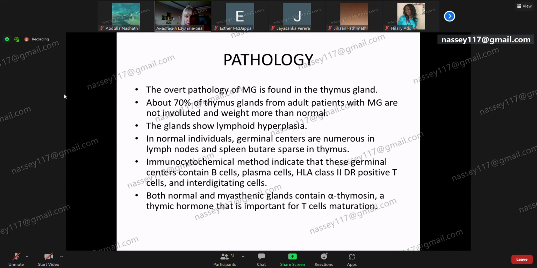Both normal and myasthenic glands contain alpha-thymosin, a thymic hormone that is important for T cell maturation.